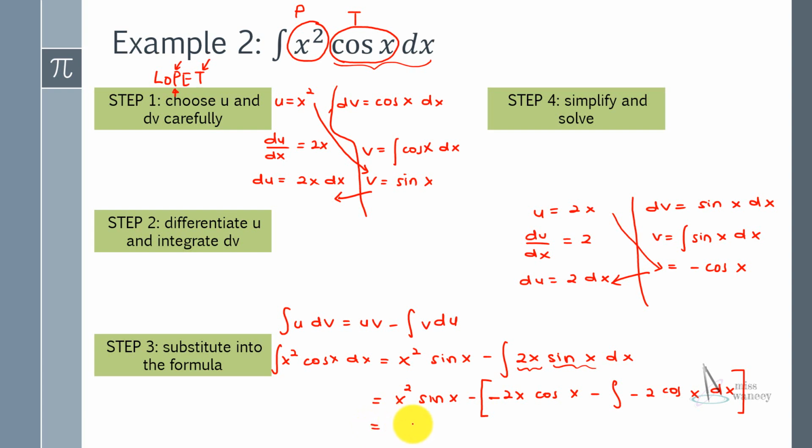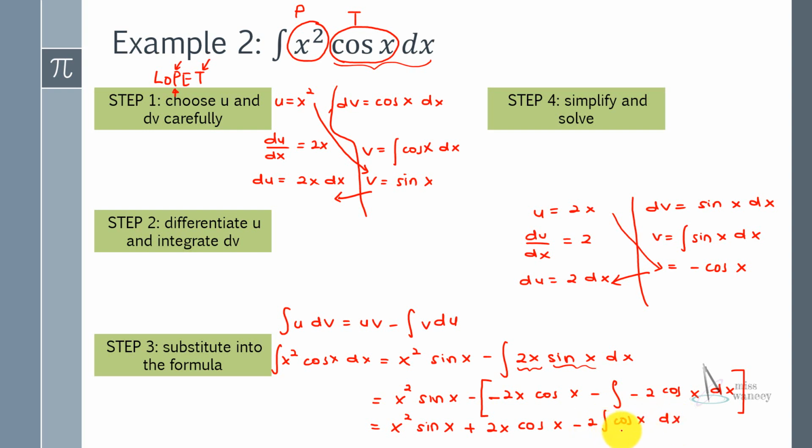Okay, so simplify. What we have is x squared sine of x, and the negative negative becomes positive, so plus 2x cos of x, and then minus 2 times the integral of cos of x dx.